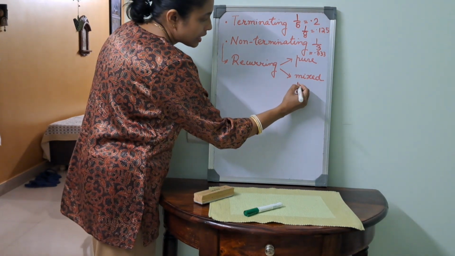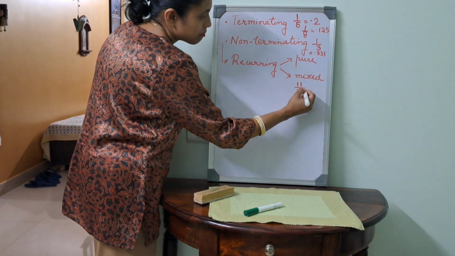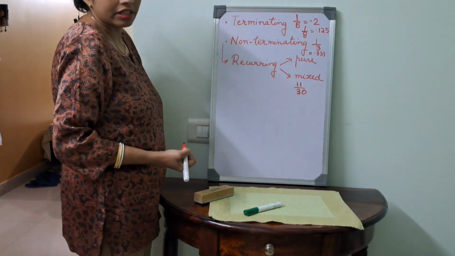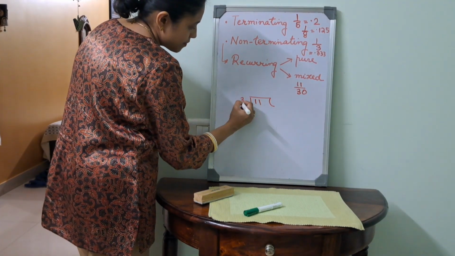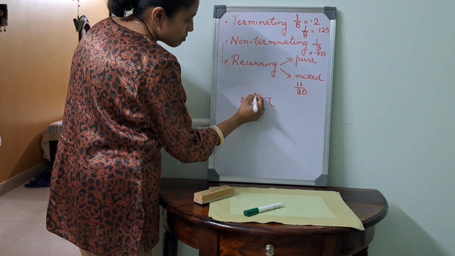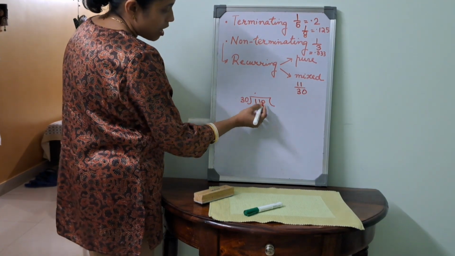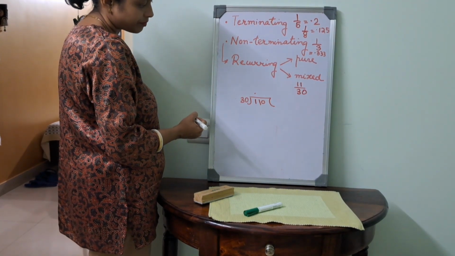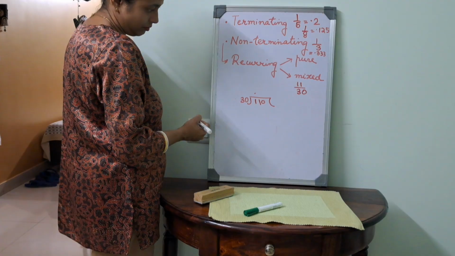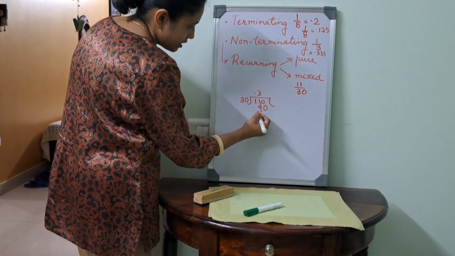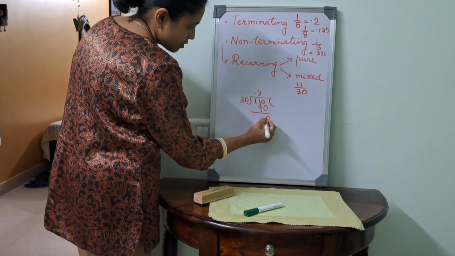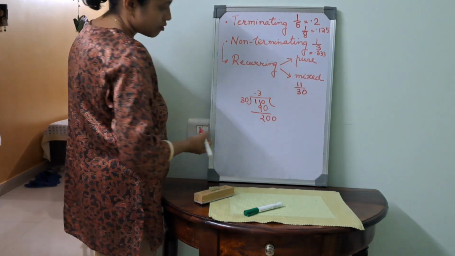11/30 is an example of a mixed recurring decimal. If you divide 11 by 30, it doesn't go, so put a decimal point. How many times does it go? 3 times, 3 3s are 90. So this is 2, 0.